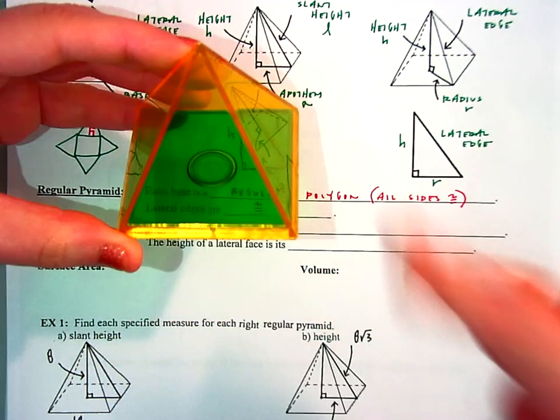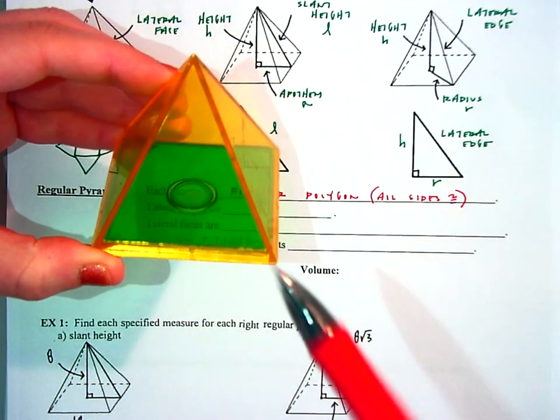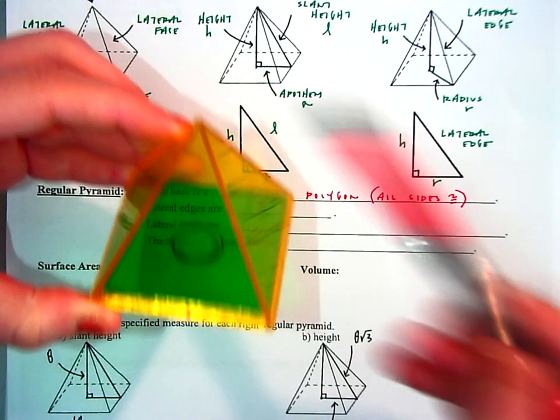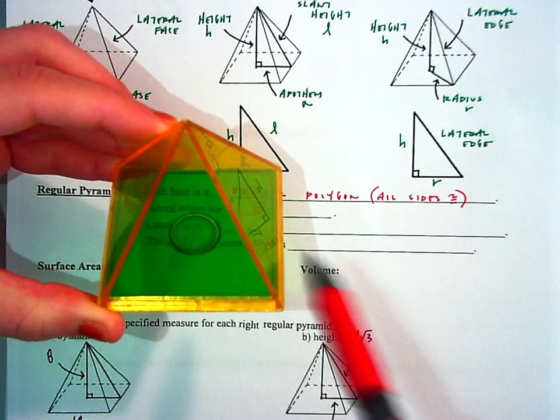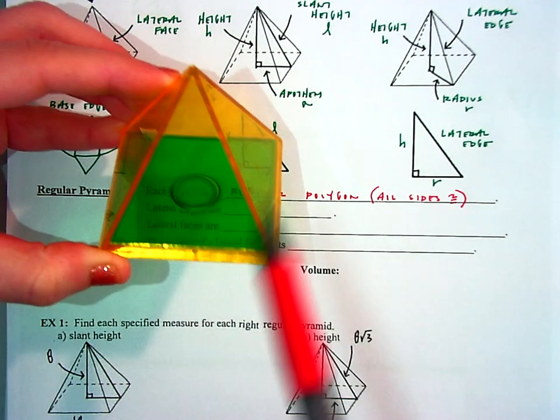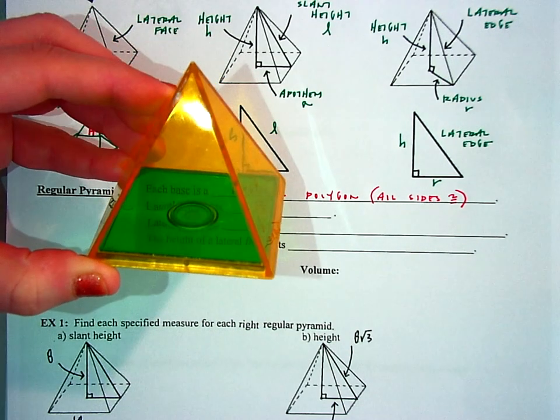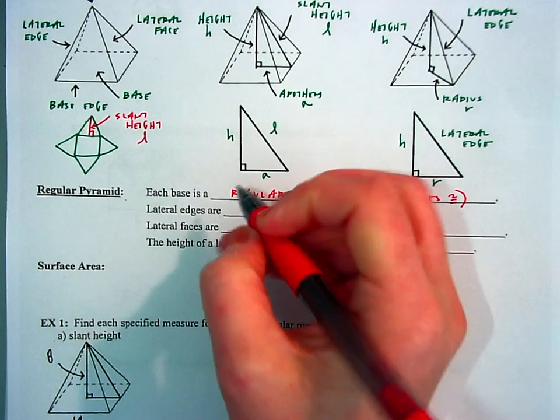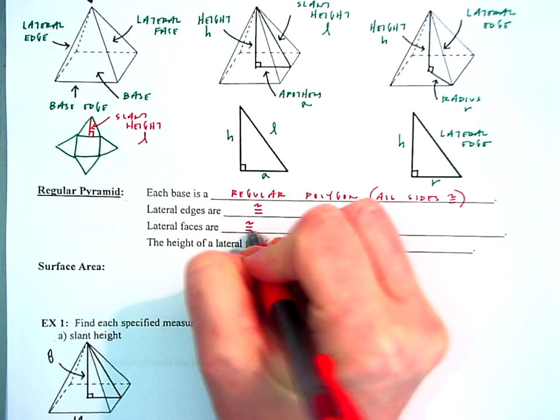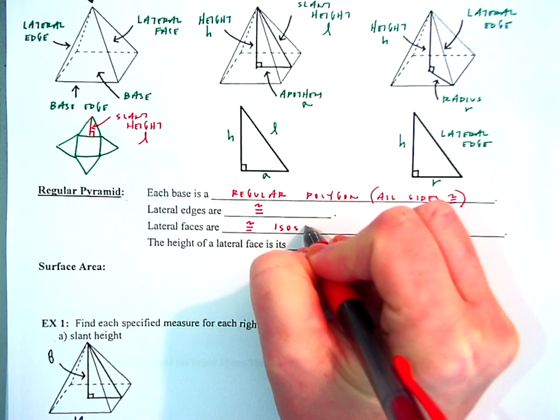And then each of these lateral faces, if my lateral edges are all congruent, and all of my base edges are congruent, well then each of these lateral faces has to be an isosceles triangle. Congruent isosceles triangles.